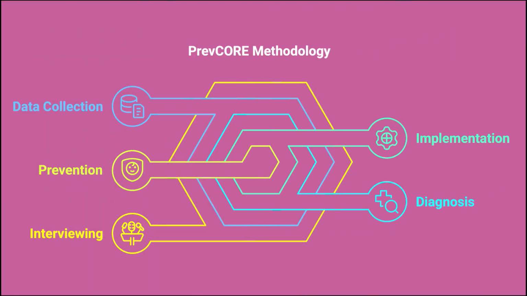The 5th and final step in the PrevCORE simple methodology is prevention, where the focus shifts to creating systems and safeguards to ensure the problem does not reoccur. By completing all 5 steps, organizations can build a robust framework for continuous improvement and long-term success.